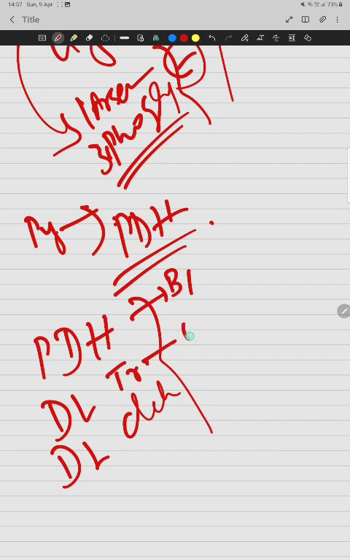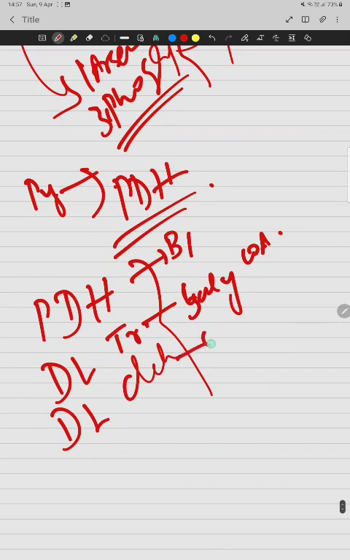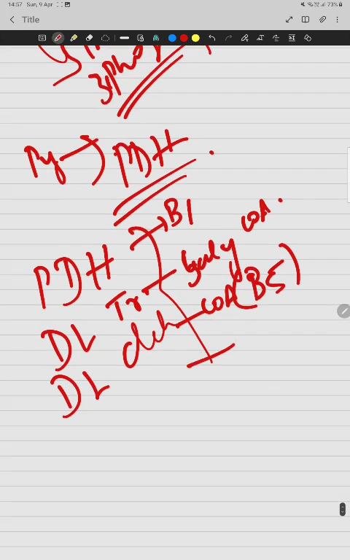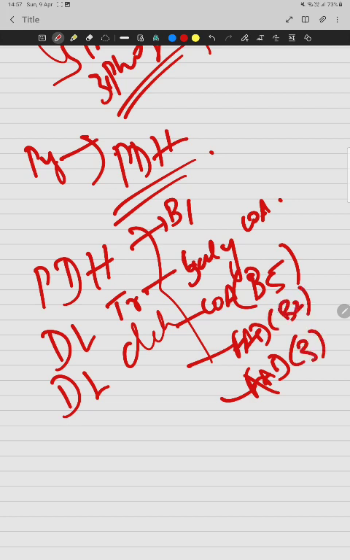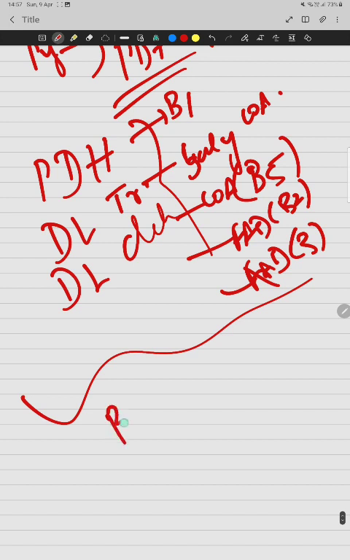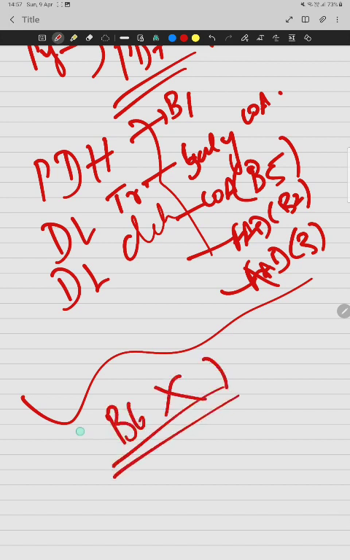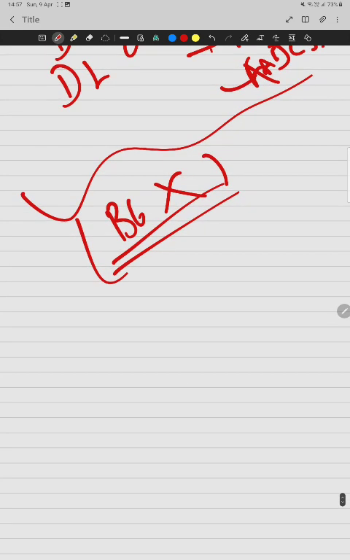There is lipoic acid, that is your sulfur containing fatty acid. And CoA has your B5. B5 is the coenzyme there, and FAD and NAD. NAD is vitamin B3 and FAD is vitamin B2. In this, the question they will be asking is B6. B6 is never a part of this PDH complex. That's all you need to know.